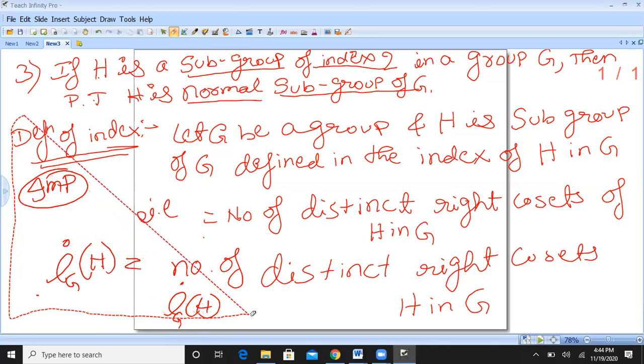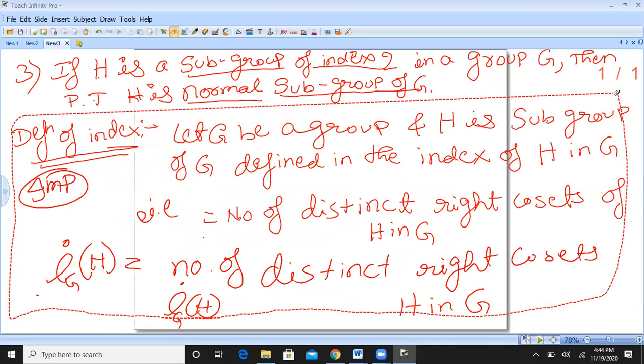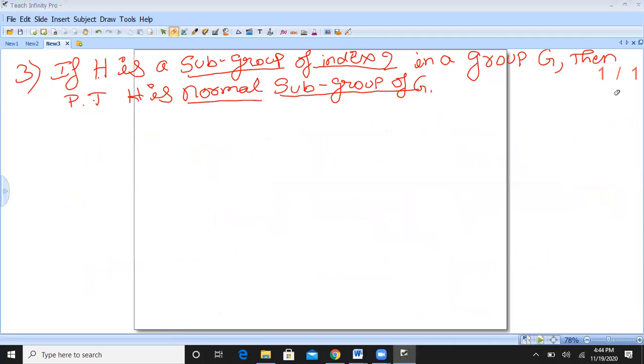Next we will go for this first problem, and study the solution for this.